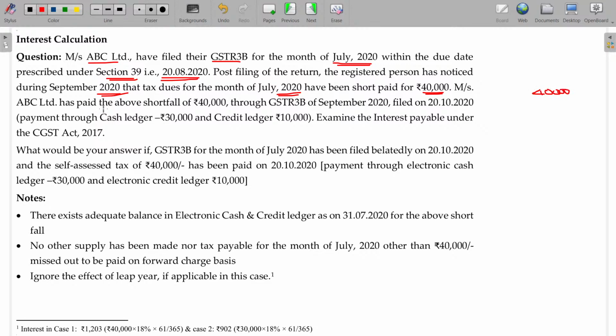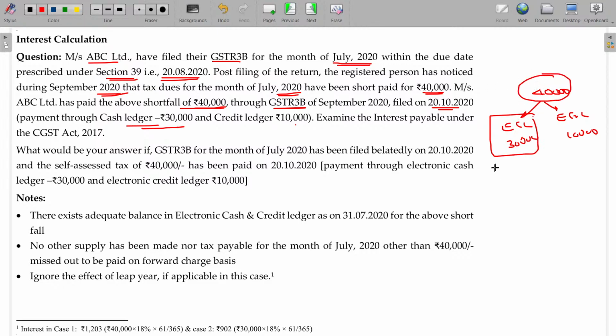Mrs. ABC Limited paid the above shortfall of 40,000 through GSTR-3B of September 2020, filed in October 2020, payment through electronic cash ledger being 30,000 and electronic credit ledger being 10,000. Now this is called net tax liability, but since it is short paid, you have to take the 40,000 rupees for the interest calculation.